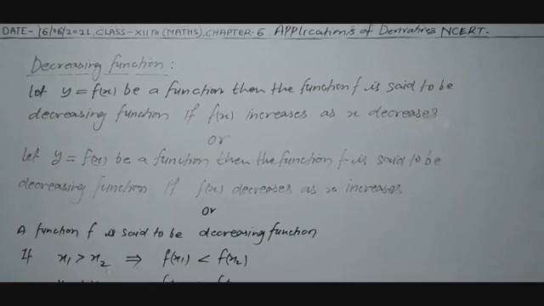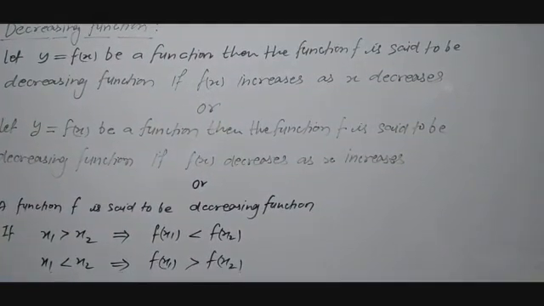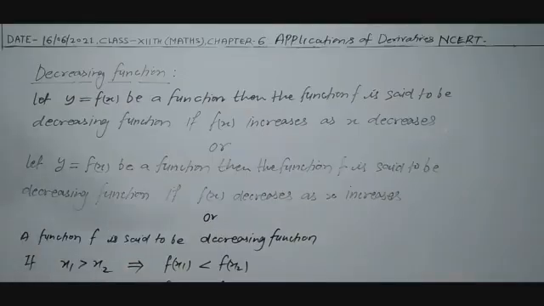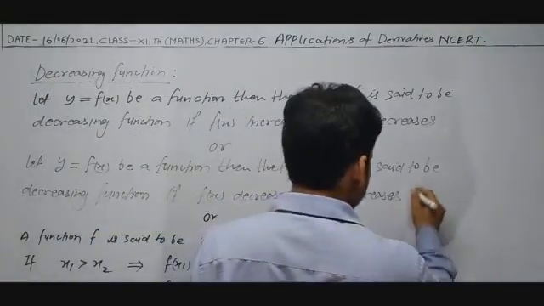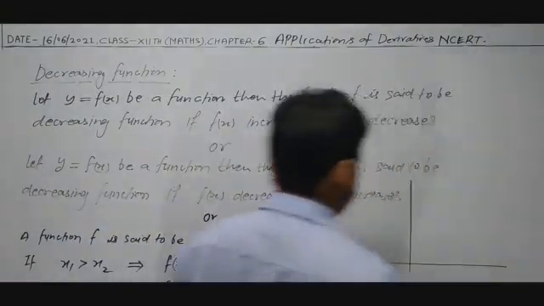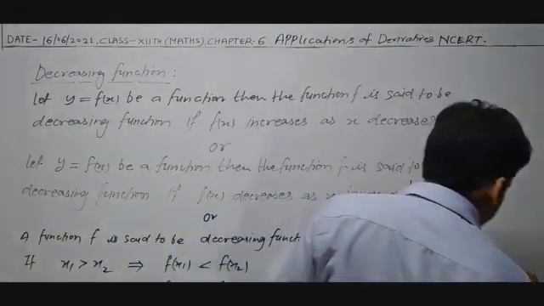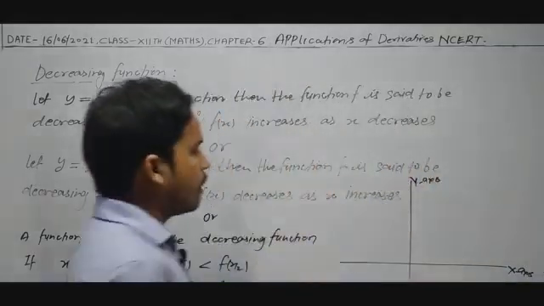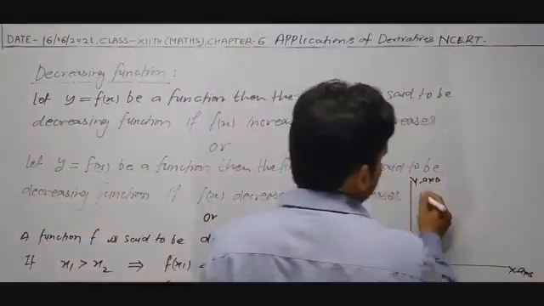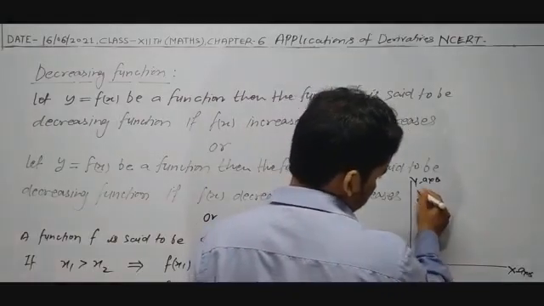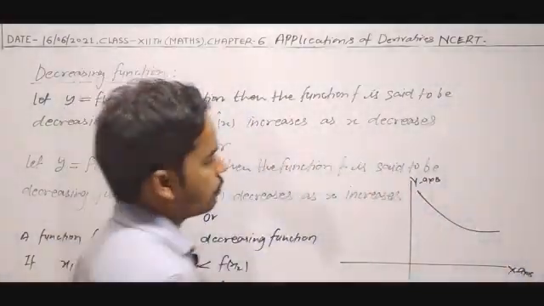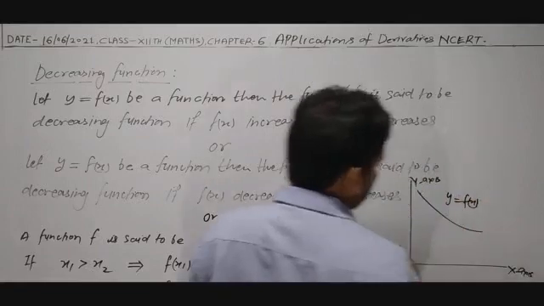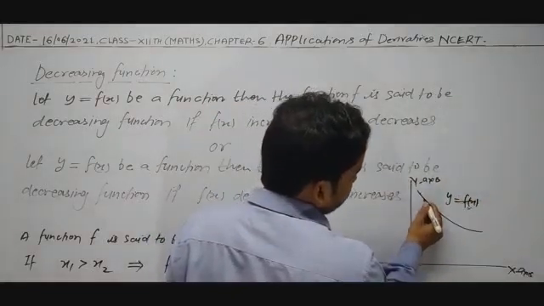So see here, now see from the graph. This is the Cartesian plane, x-axis, y-axis, and any function f(x) such that f(x) is equal to this type of curve, and there are many points.